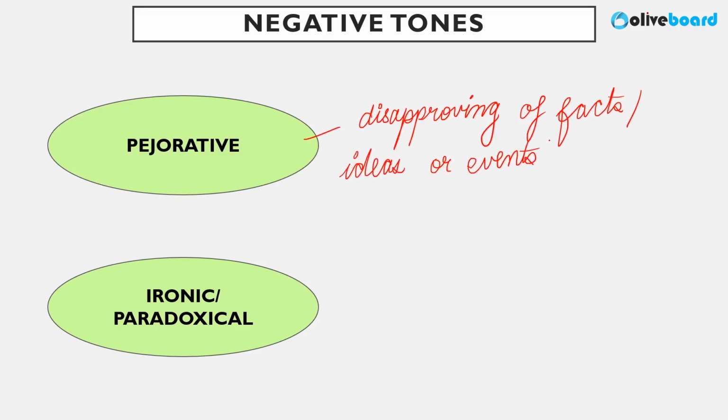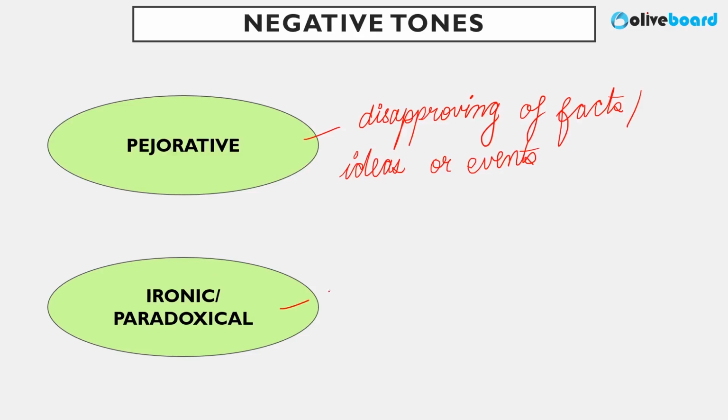So basically pejorative when you do not agree with or when you do not approve the given facts, right? That is a pejorative tone. So again it is negative because you are showing your disapproval. Okay, you are showing disapproval, you are saying that you do not agree to a particular thing, you are against it. Okay, that is why it is called a pejorative tone. So it is disapproving, insulting tone.